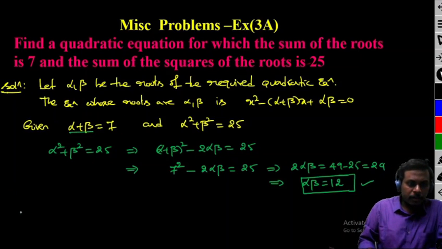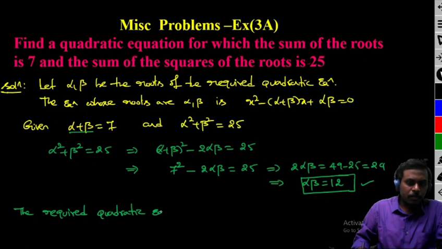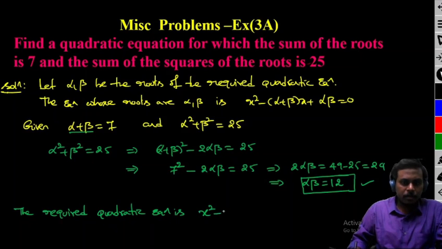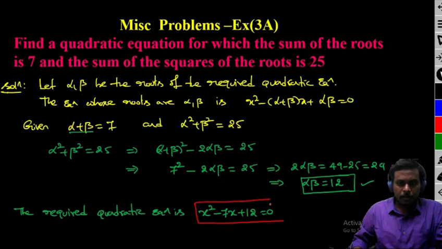So the required quadratic equation is x square minus 7x plus 12 is equal to 0.